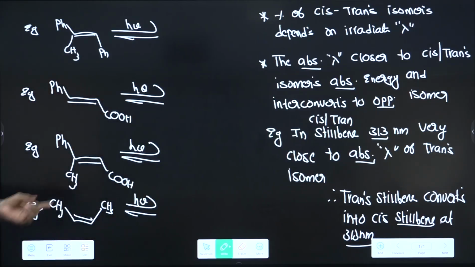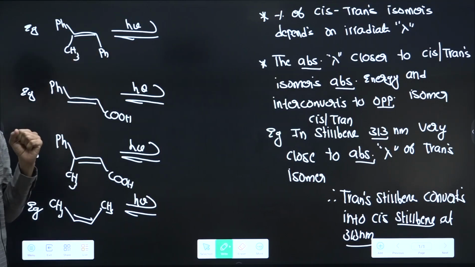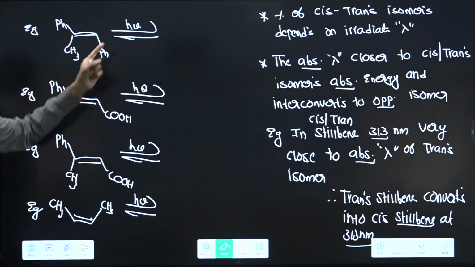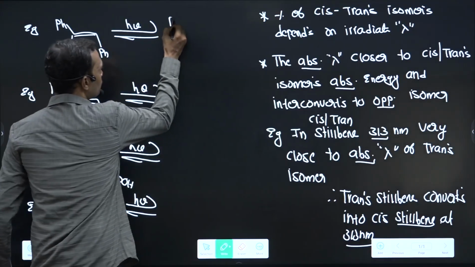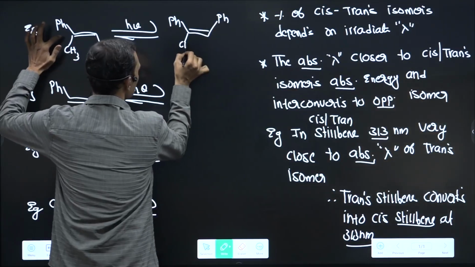Write down the corresponding isomer. Here the wavelength is not mentioned. If the wavelength is not mentioned, what does it mean? In this molecule, the two phenyls I can write trans, now I am writing cis. Then this methyl is possible.